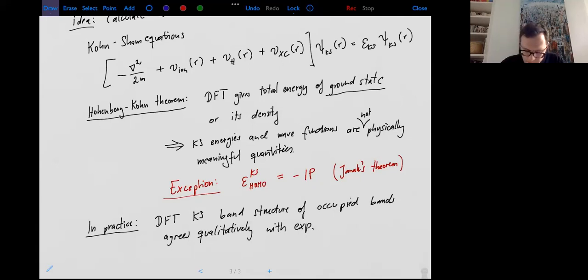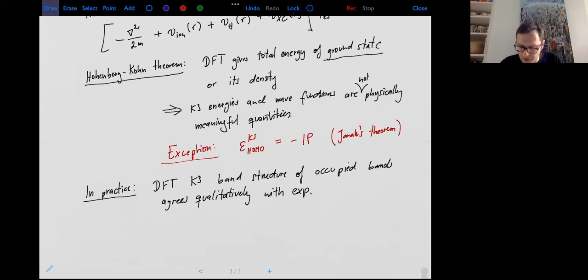In photoemission, of course, we only measure properties of occupied bands, and if we only plot the Kohn-Sham band structure of these occupied bands, it tends to agree. But one of the properties that often don't come out so well are band gaps.